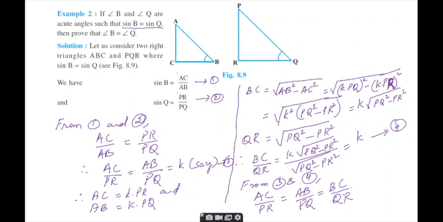See, in these two triangles, all the 3 pairs of sides are proportional, or we can say the ratio of 3 pairs of corresponding sides of these two triangles are equal. What does it mean? That means triangle ABC is similar to triangle PQR by using the SSS similarity criterion.